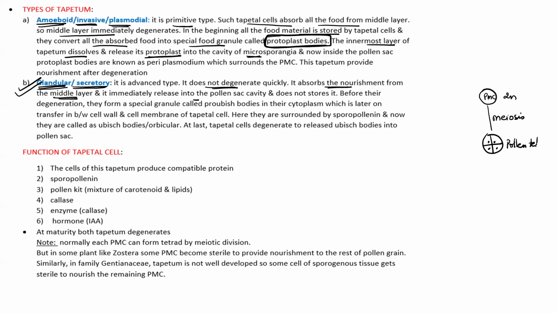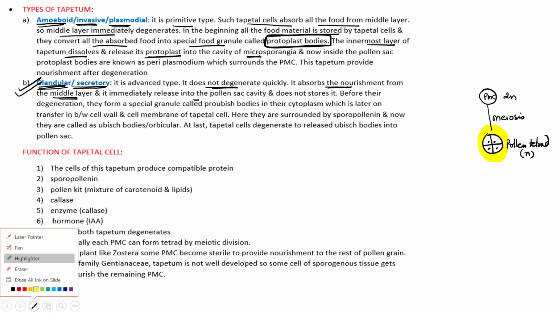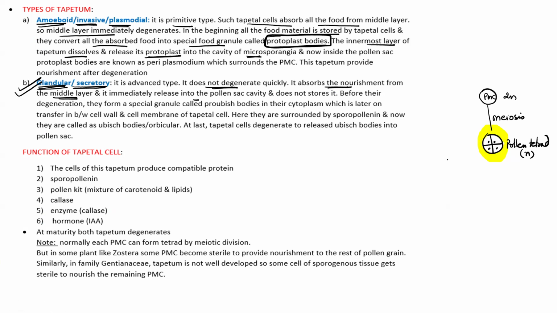After meiosis, you know the cell becomes haploid. So ploidy is N. They are surrounded by a special type of chemical. That chemical is known as callose. Check in your NCERT, one cover is present around the pollen tetrad. Clear? And that is known as callose. Understand it properly.